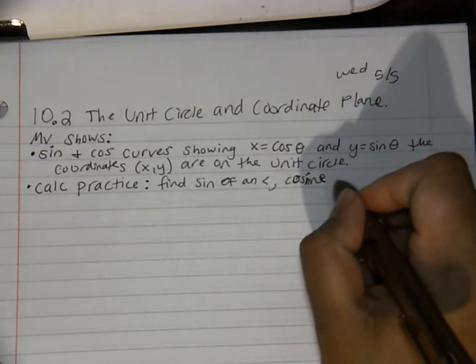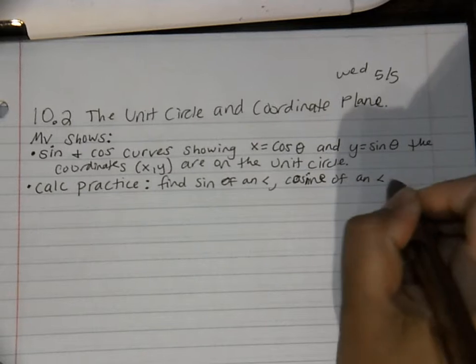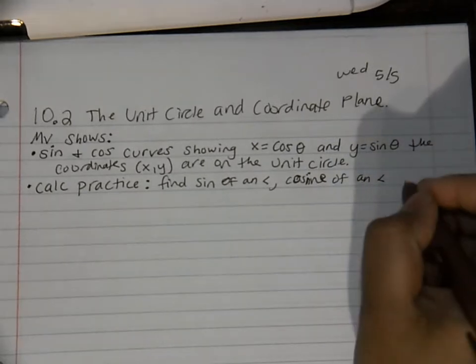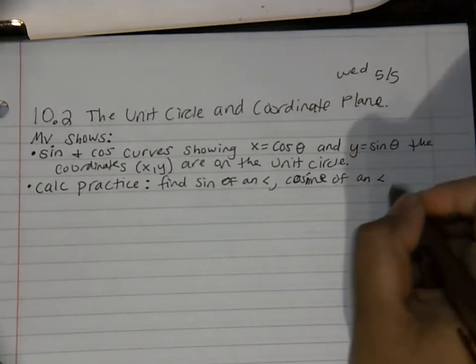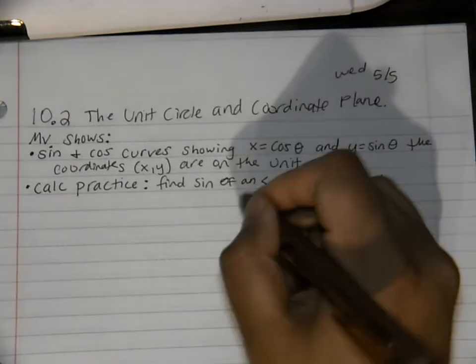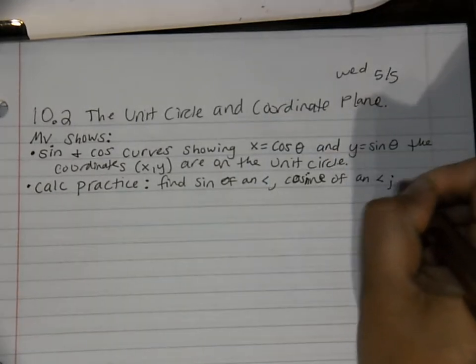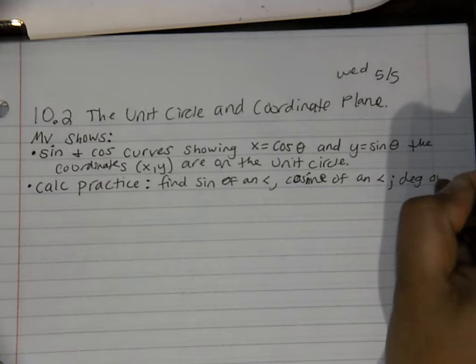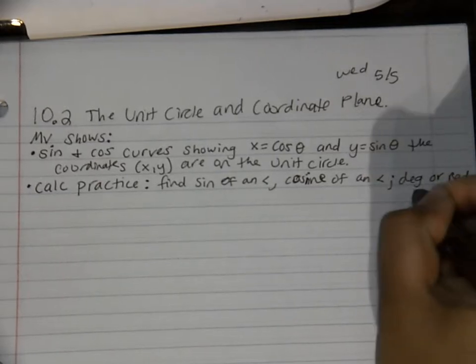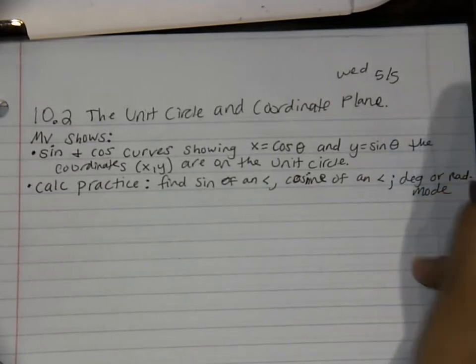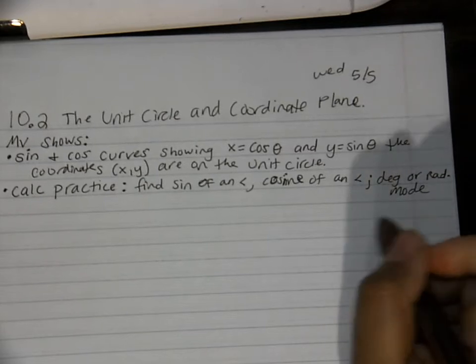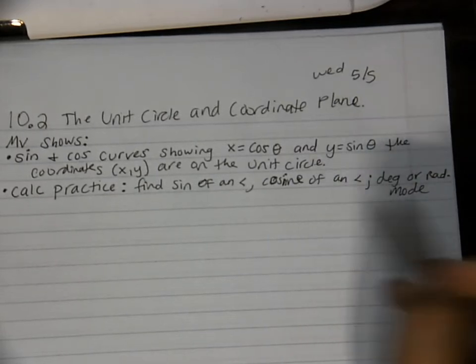So sine of an angle, cosine of an angle, making sure you're using the correct degree or radian mode. So we'll talk a little bit about this right now, but basically checking degree or radian mode, RAD for radian. And so just making sure that you work through both of those.